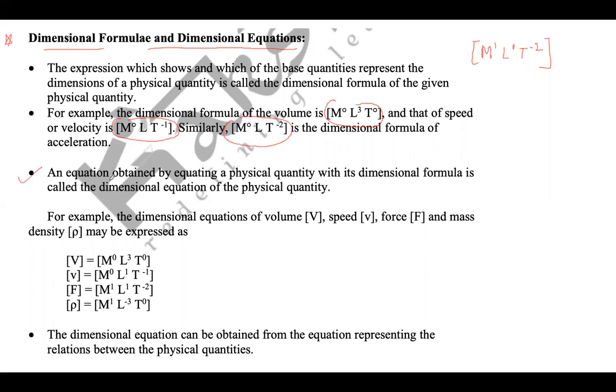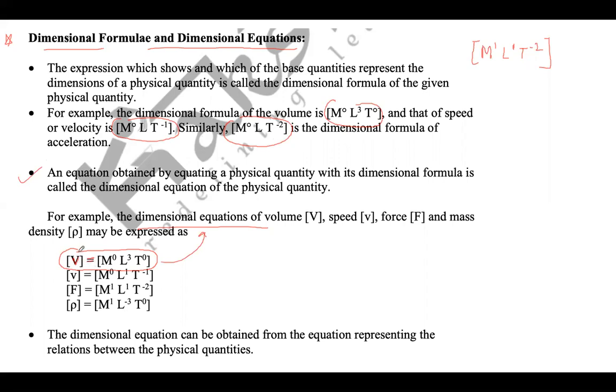An equation obtained by equating a physical quantity with its dimensional formula is a dimensional equation. If I represent volume as capital V, then capital V inside square brackets equals m0 L3 T0. So this is a dimensional equation, where we are equating two things.